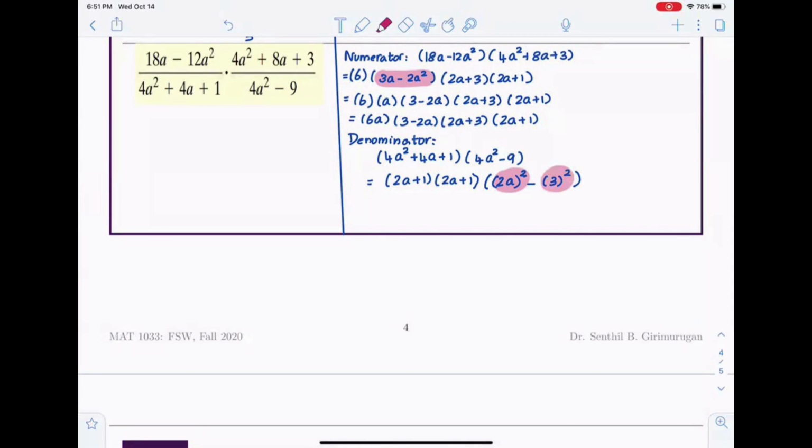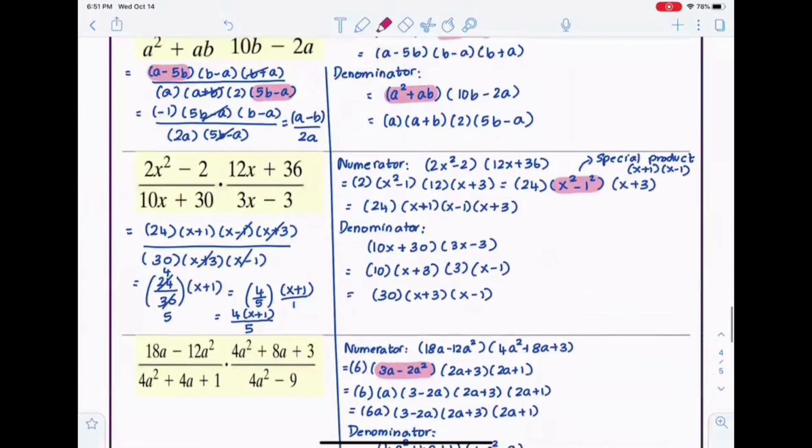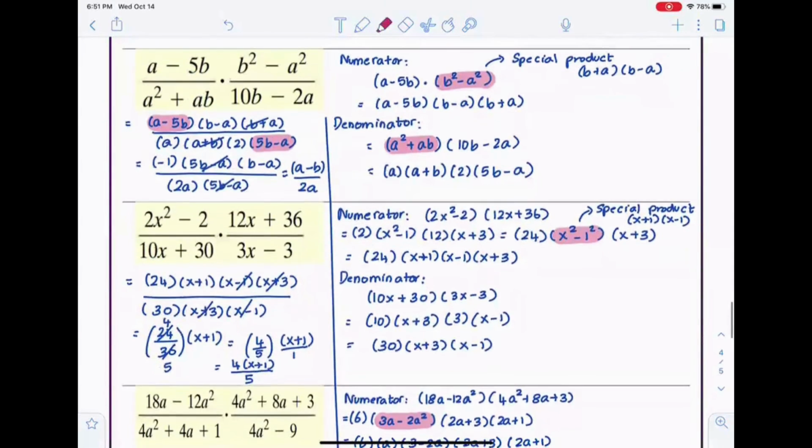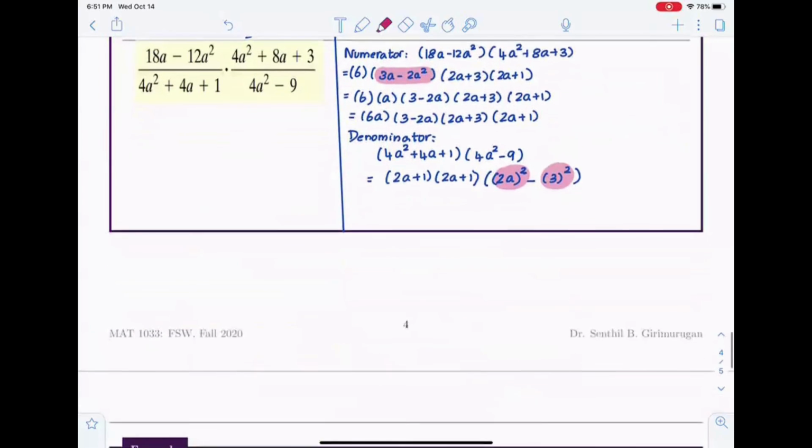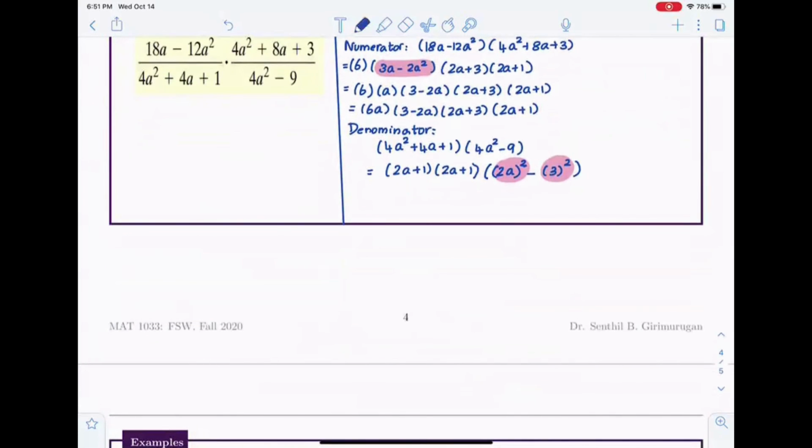And we know from the previous problems that a squared minus b squared is simply a plus b multiplied by a minus b. A is 2a, b is 3. So we have 2a plus 3 multiplied by 2a minus 3.